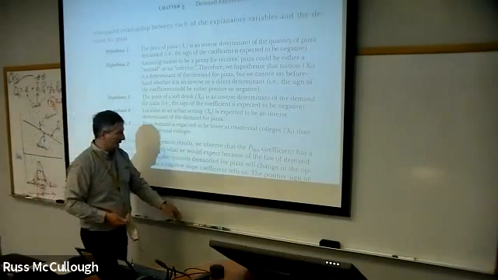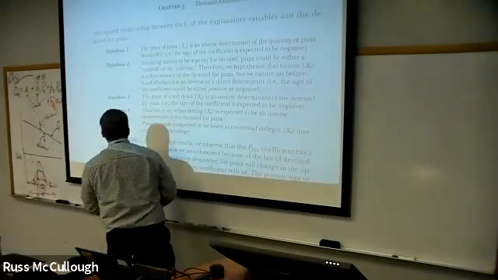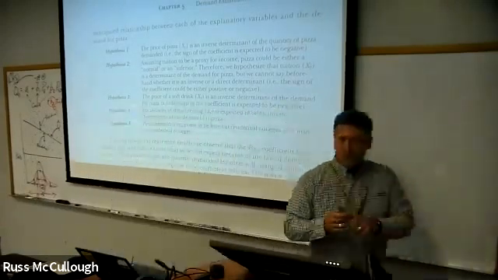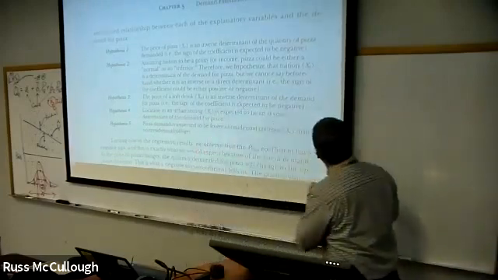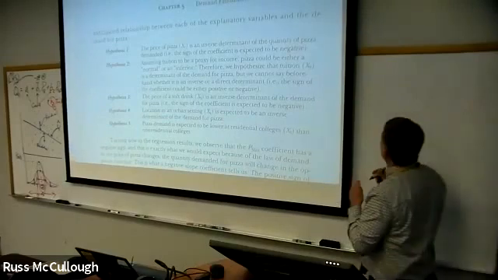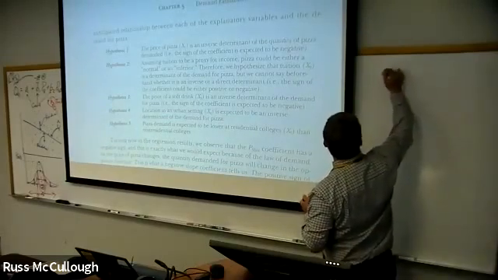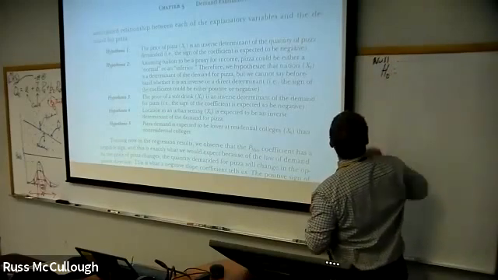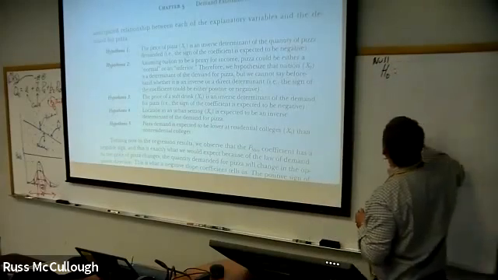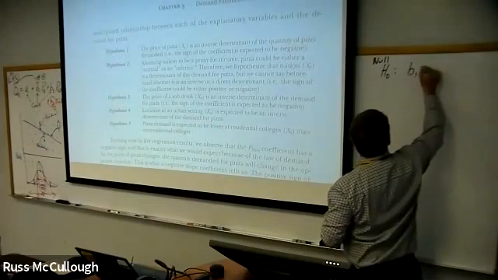So if we're looking at setting this up scientifically, let me write it over here. Yes, we have the null and the alternative hypothesis. So the null hypothesis, which sometimes we say H0, is that B1 equals 0.